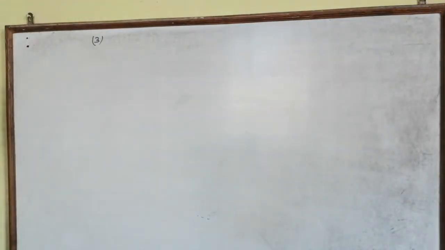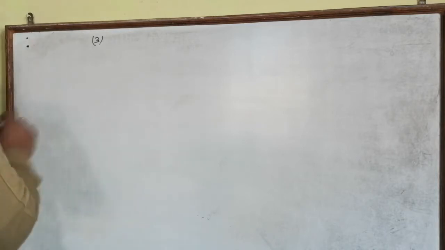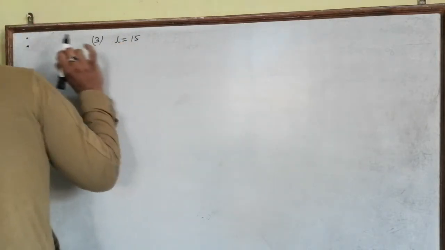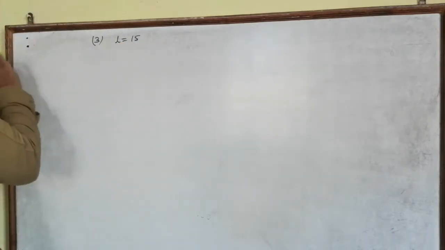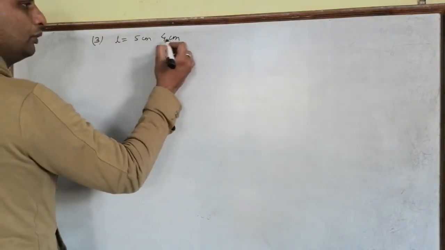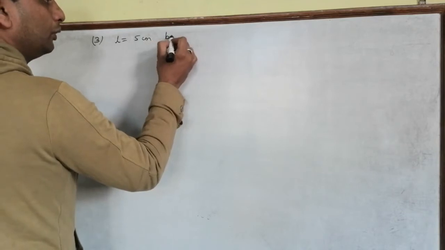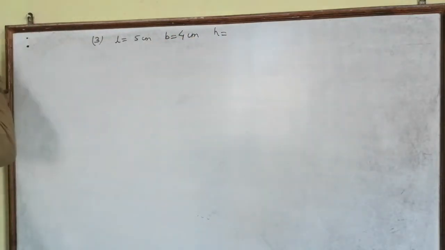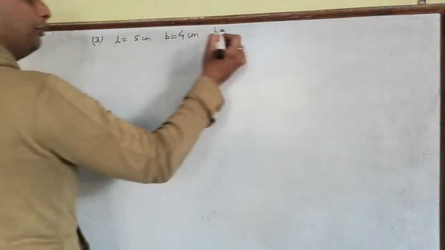For the soft drink tin, length, breadth and height are given. Length is 5, breadth is 4, height is 15 centimeter.